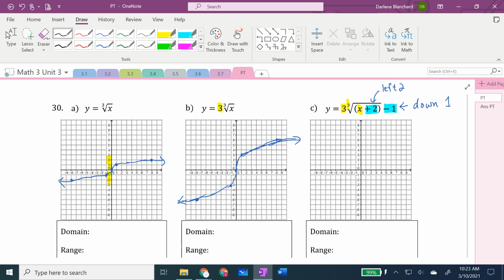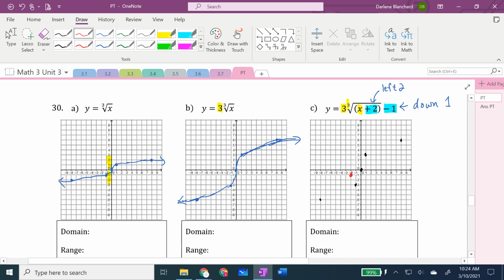So I'm going to take the points that I have on my stretched graph in part B, and I'm just going to plot them to prep for moving them. There we go. Now, moving them, left 2, down 1.